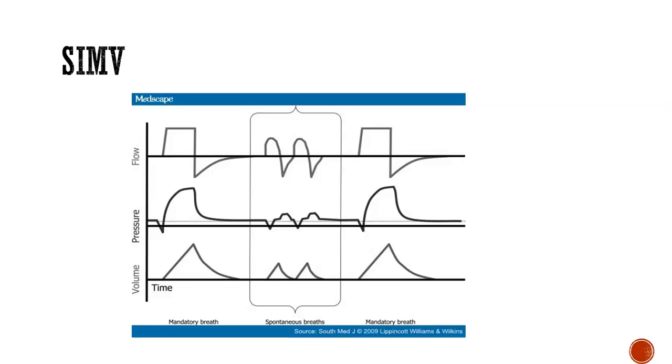This was once considered the weaning mode, I guess, but clinical studies really haven't been conclusive regarding decreased weaning time. SIMV could possibly contribute to respiratory muscle fatigue when the patient has a high respiratory rate and increased work of breathing.